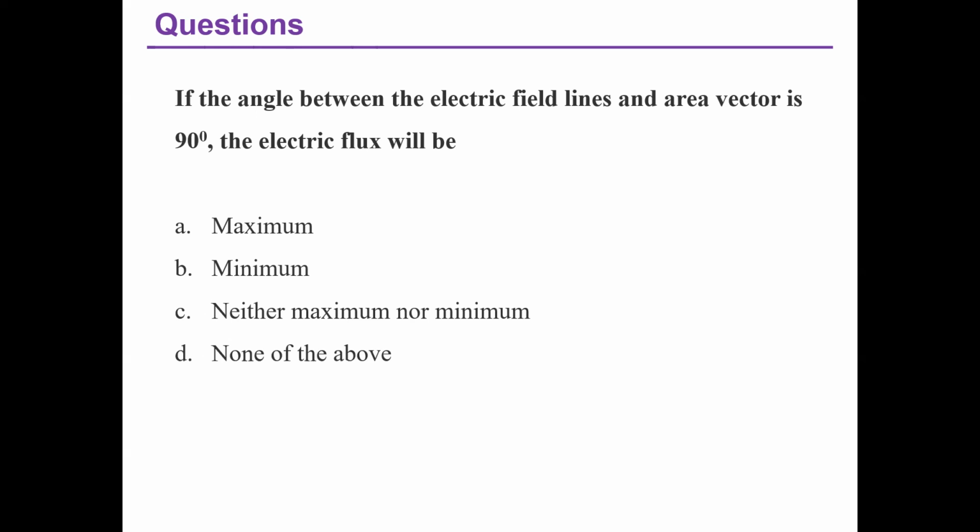So look at here. In this case, the angle between the electric field lines and the area vector is 90 degrees. While calculating electric flux, the formula includes a cosine. So cosine of 90 will give you the minimum, right?